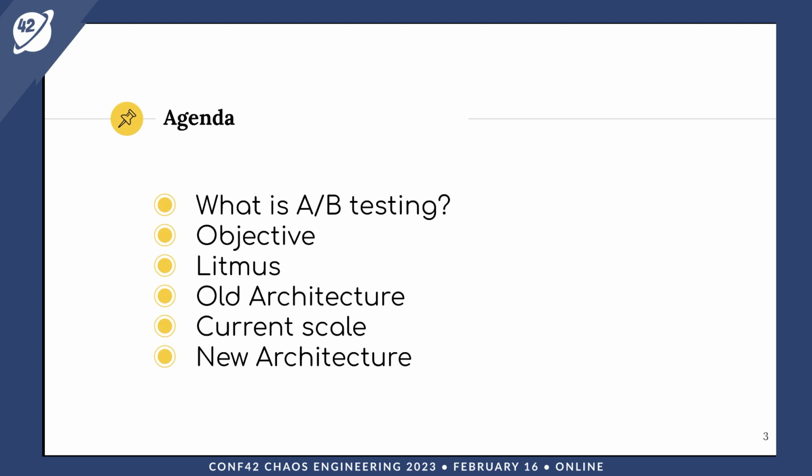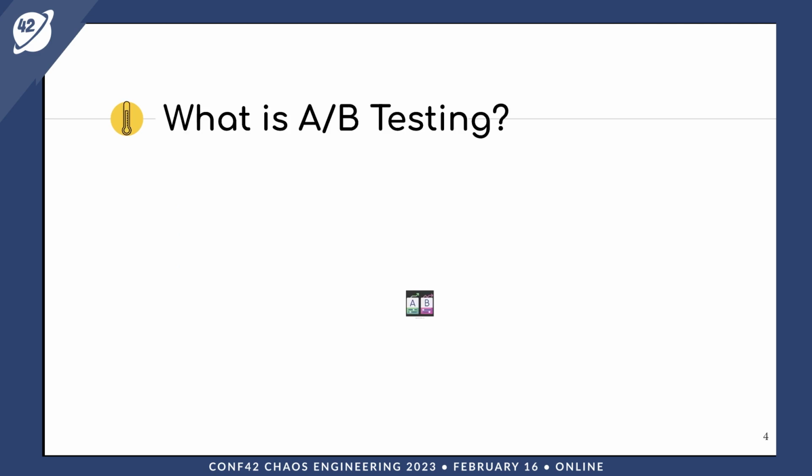Then give a light on the old architecture from where we started building the platform. Then we will talk about the current scale, how the number of experiments, number of clients, the adoption of experimentation has increased in Gojek. And then we will talk about the new architecture, how we have made changes in the new architecture to cater the new scale.